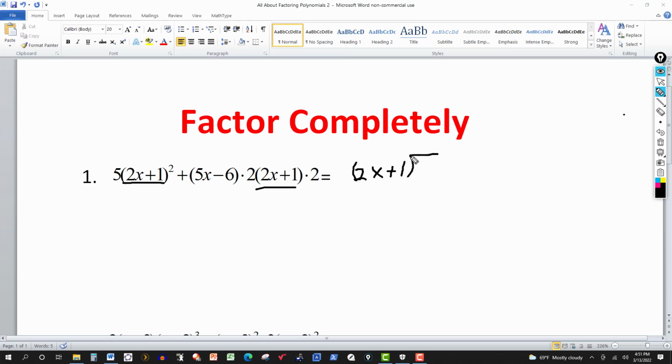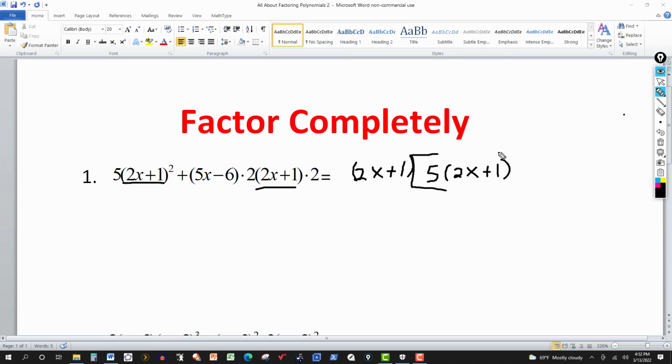Then I put brackets here. See, what do we have on the inside here? We have a 2x plus 1 left over. The 5 is still there. I didn't take out the 5, so that still multiplies that factor. So put the 5 there. Instead of 2x plus 1 to the second power, rather it's 2x plus 1 to the first.